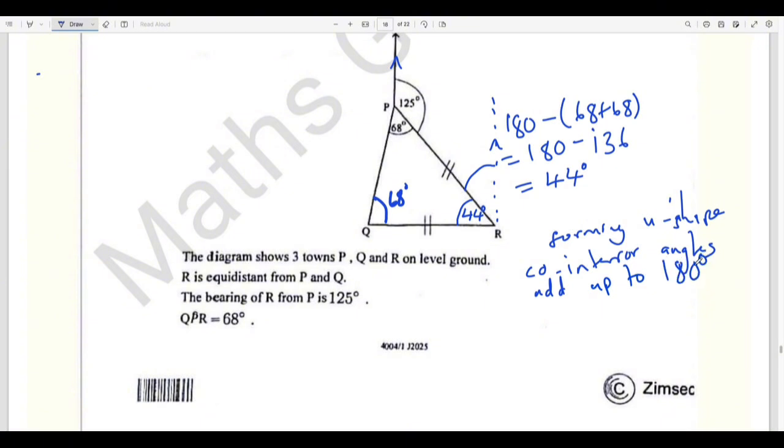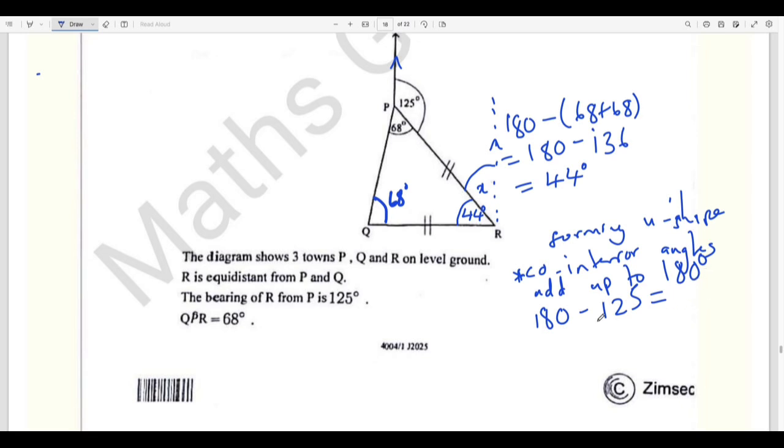From co-interior angles, we know that they add up to 180 degrees. So if one of the angles is 125, then the other co-interior angle is 180 minus 125 degrees, which gives us 55 degrees.